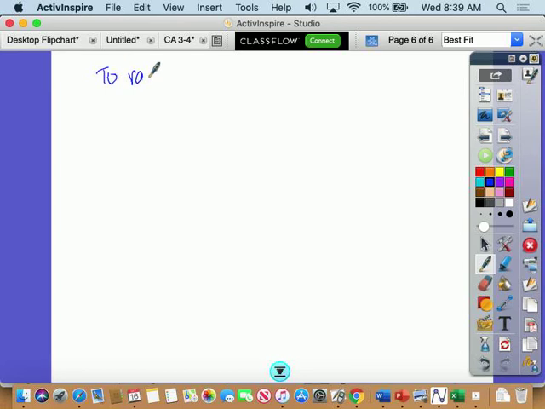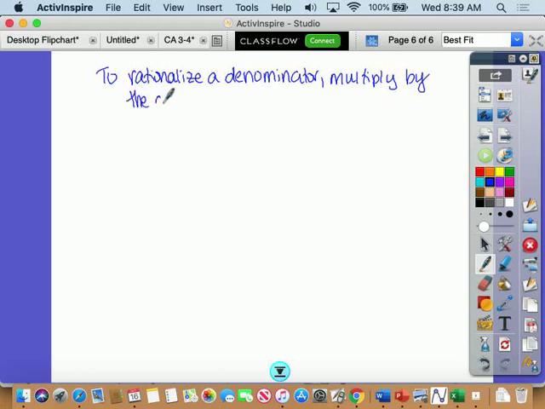To rationalize a denominator, multiply by the conjugate of the denominator on top and bottom.